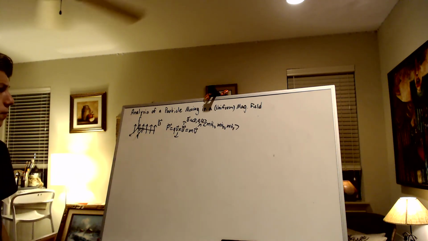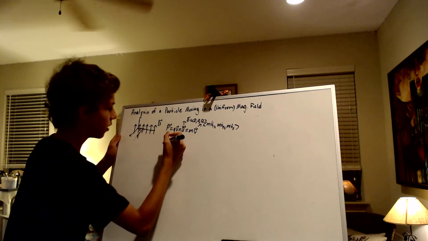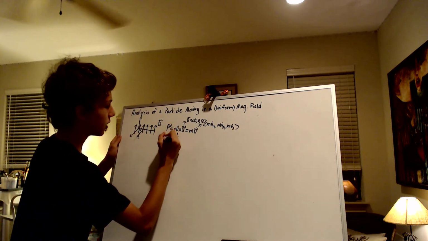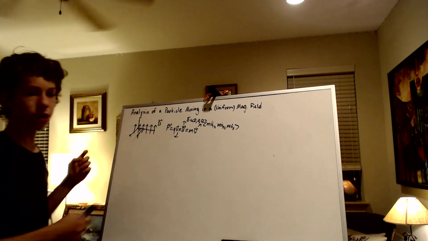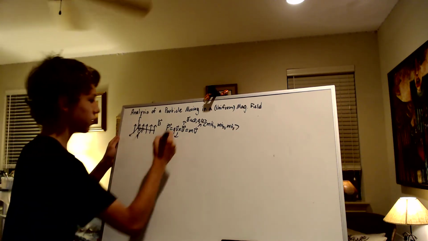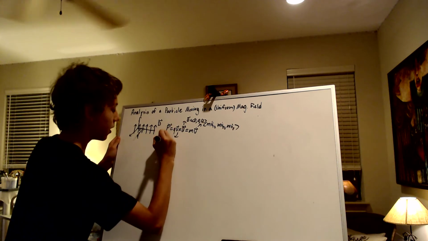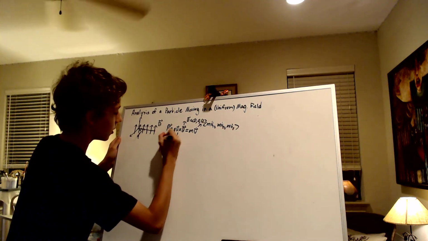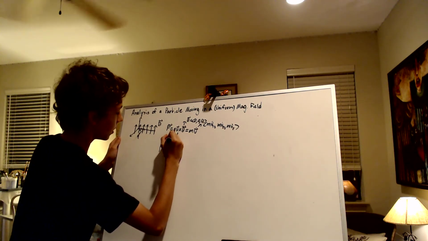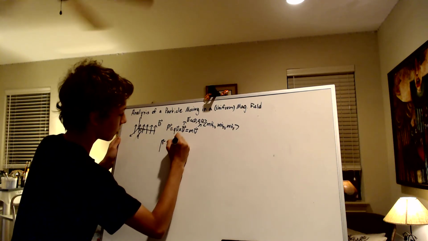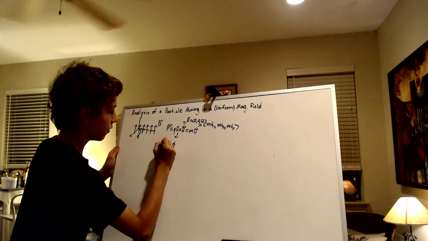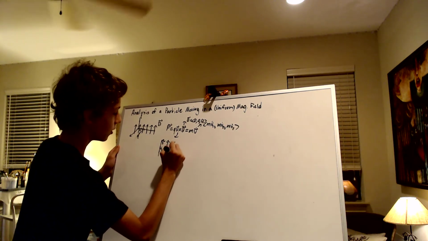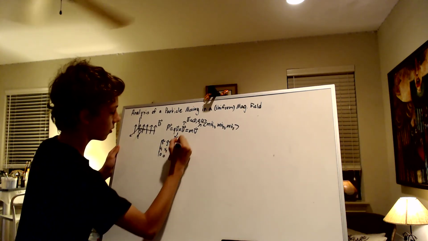So when we take the cross product, we'll worry about this little q at the end. If we take the cross product of v and b, that's going to be the same thing as taking the determinant of the matrix i hat, j hat, k hat, then v1, v2, v3, and 0, 0, b.